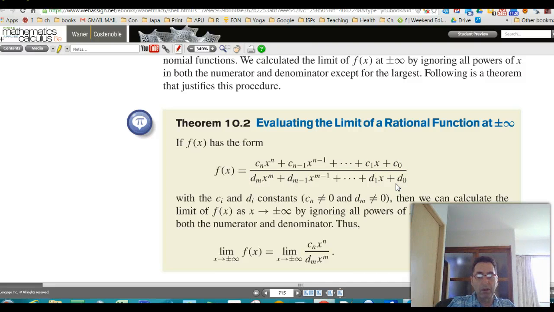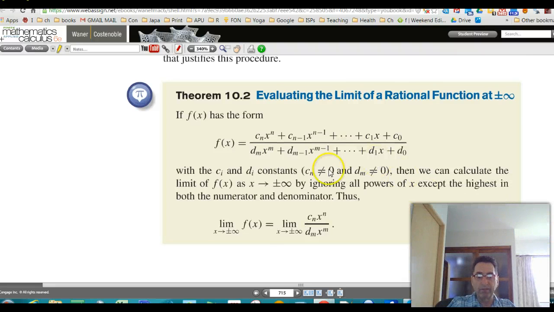So what's the general procedure for dealing with this? We take the highest power here and the highest power here and ignore all the other terms. So the limit of this thing is just the limit of the two highest power terms, that's the c_n x to the n over the d_m x to the m. Okay, so that's a generalization of what we did so far.